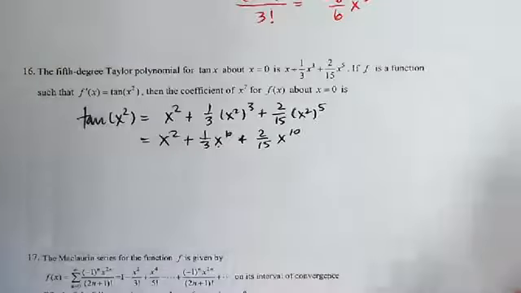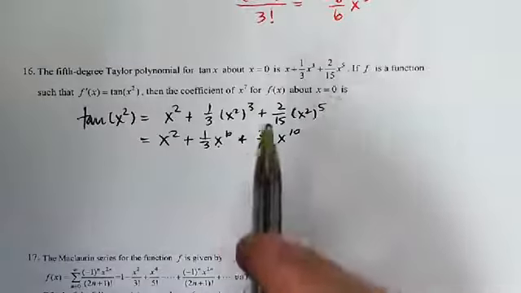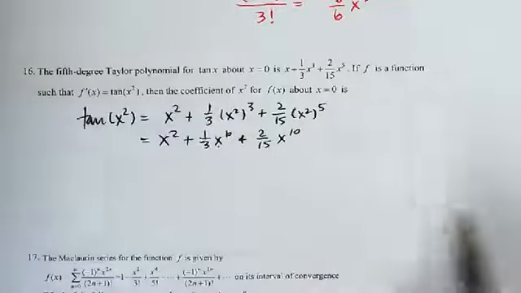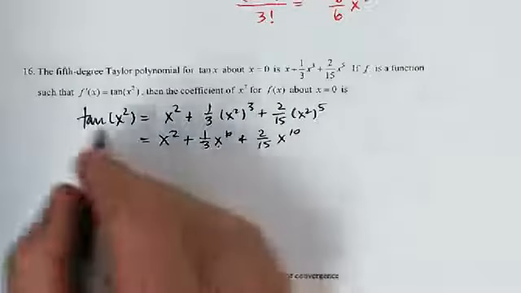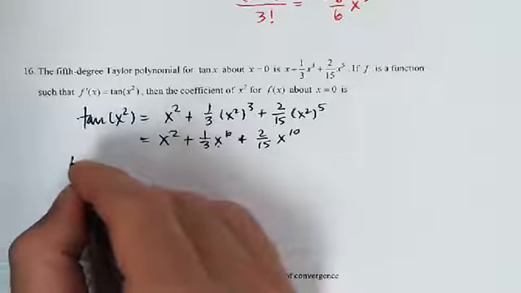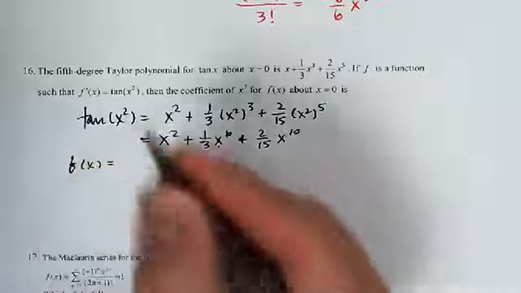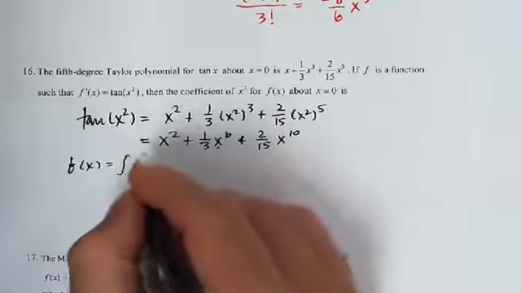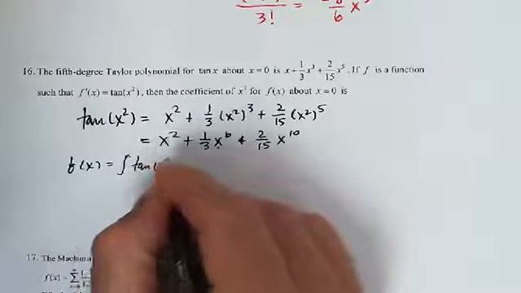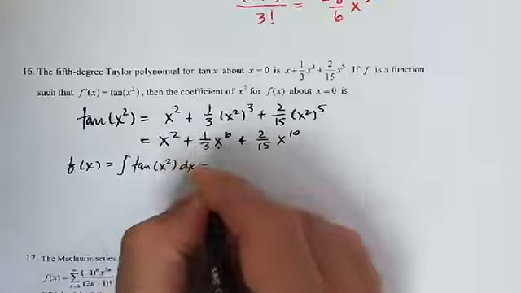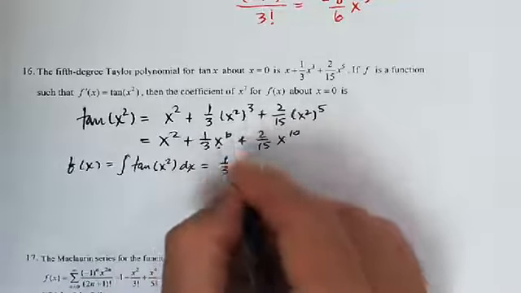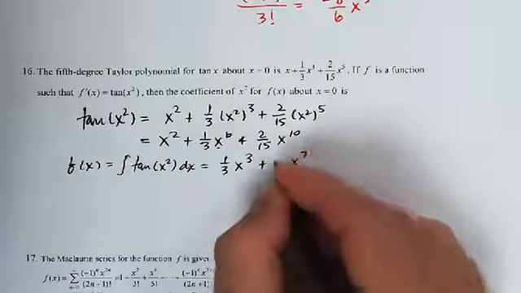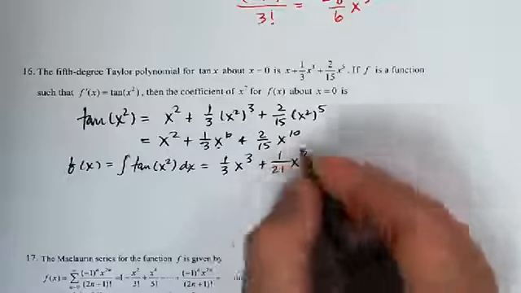Okay. The better question would have been, well, no, there's other good questions you could ask in here, but this is already a good question. So I'm going to say that f is equal to the antiderivative of tangent of x squared with respect to x, which is going to be 1/3 x to the third, plus I'm going to increase the power by 1 and divide by the new power.